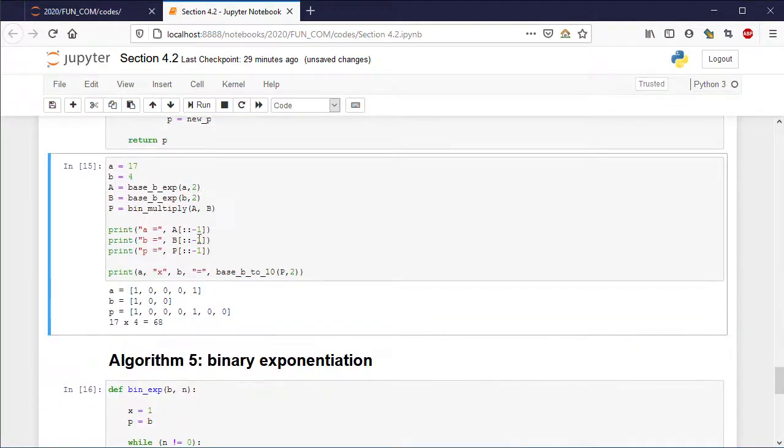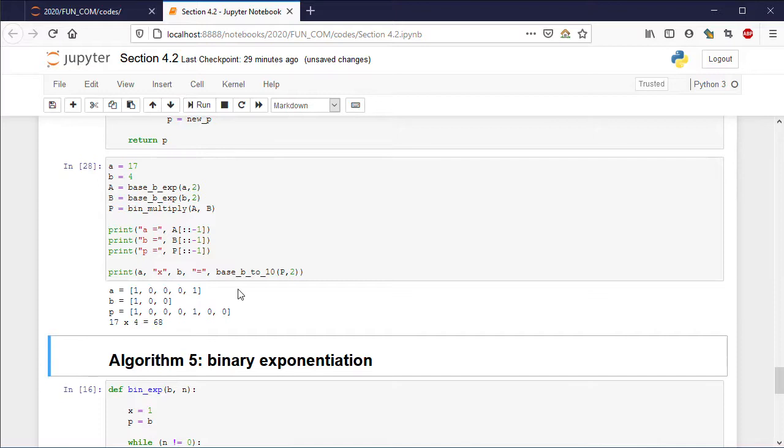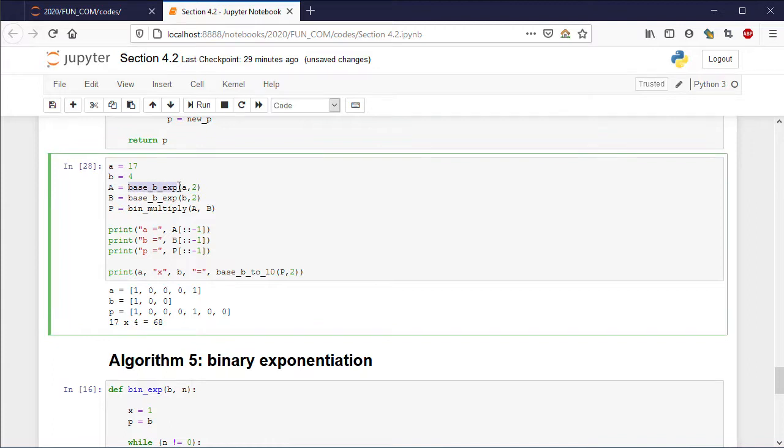So next, I'm going to simply test that. Let A equal 17, let B equal 4. First, I'm going to create a list by calling this base b expansion. A is the decimal number A, and the base is 2. For B, we are doing the similar thing, and then call the binary multiply of A and B and get P. Eventually we have A as the list of bits 1, 0, 0, 0, 1.